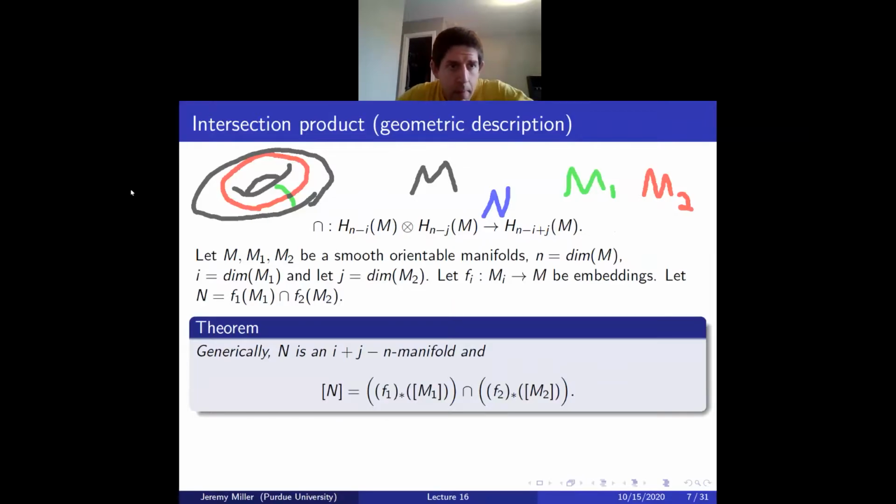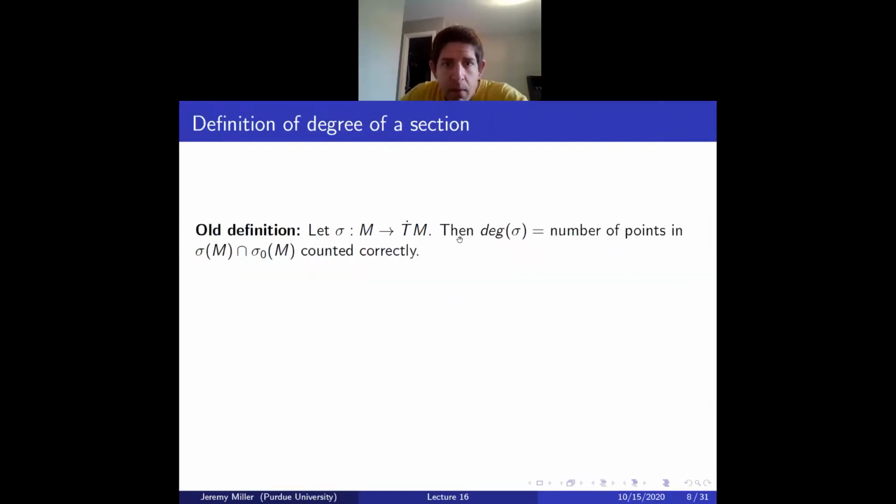Okay. So yeah, this is what the Poincaré dual to the cup product does. The old definition of orientation was, you can think of it as the number of points in the section applied to the manifold, and then intersect the zero section.